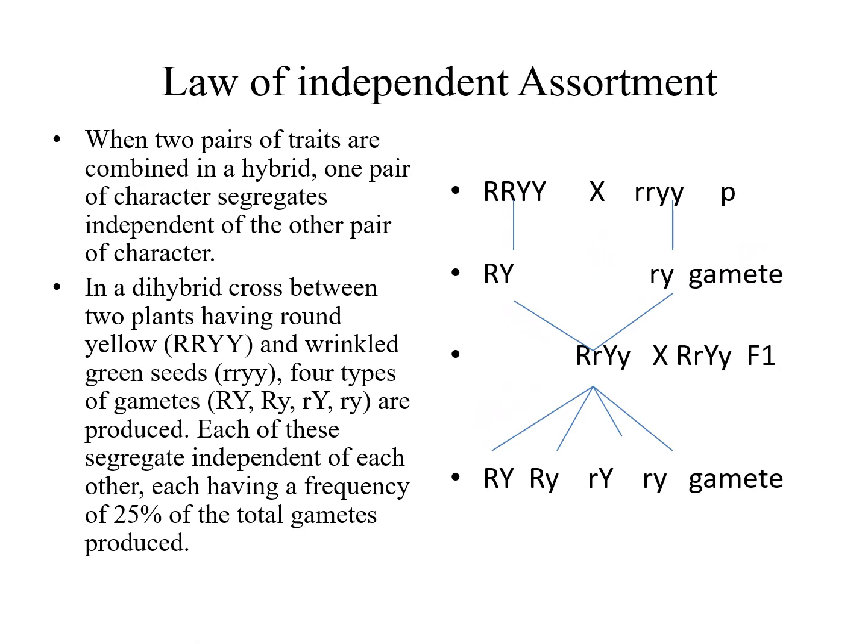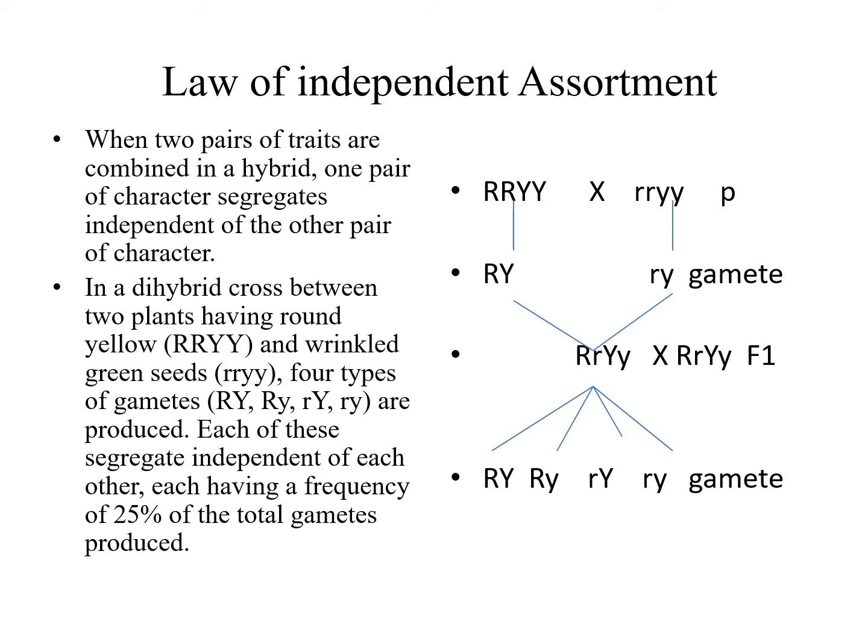The law of independent assortment is based on the dihybrid cross. Here two pairs of traits are combined in a hybrid. One pair of characters segregates independently of the other pair. See, round yellow and wrinkled green.